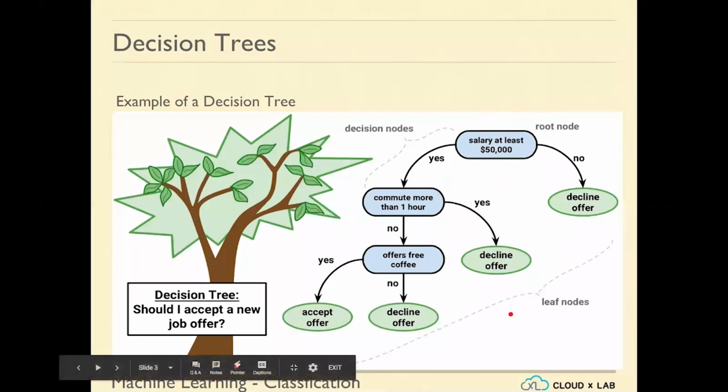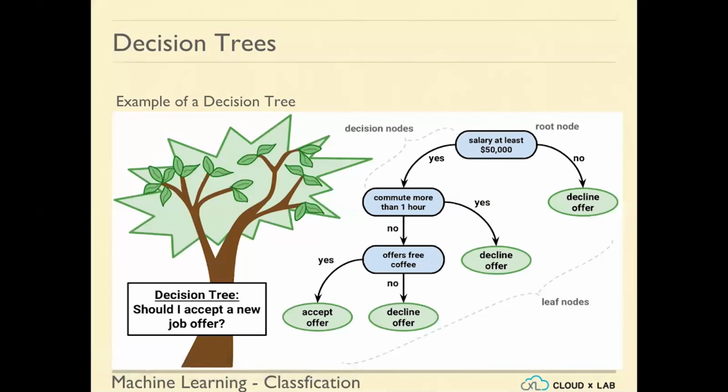In this particular decision, what are the three features? Salary, okay. Distance, okay. Perks, correct. So coffee, distance, and the salary. These are your three features, and based on that, you have prepared your decision tree. Now, preparing this decision tree is the algorithmic part, but understanding how it works once you have this decision tree is what we're talking about right now.